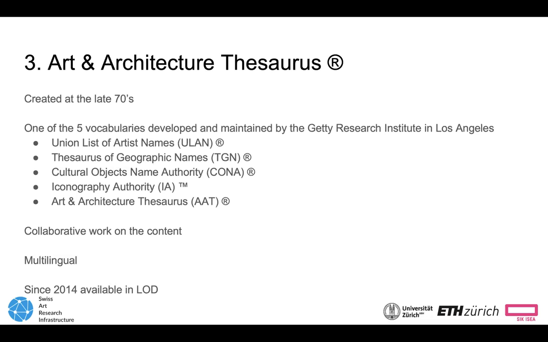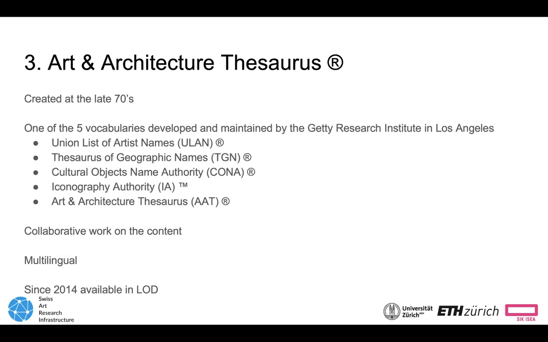Some of these institutions were using the Library of Congress subject headings, but it did not cover all the needs in the field of art and architecture. And the new specific thesaurus was then created in response. It's the AAT. The thesaurus is now more used in the context of museums.